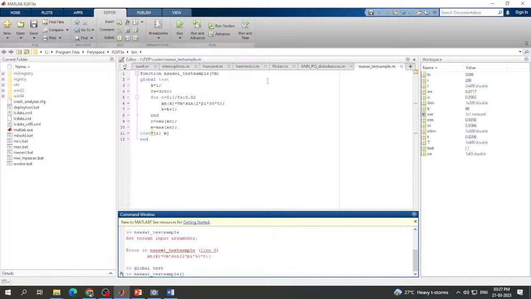And now the function is normal select swell interruption test sample. So let's suppose I am taking one value of 1.05. Okay, so this is coming under normal range, normal voltage, and in ANN training for normal one I should get 0.1. Okay, so let's check.